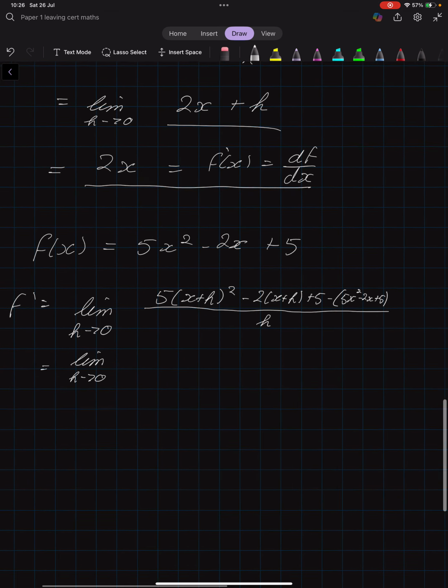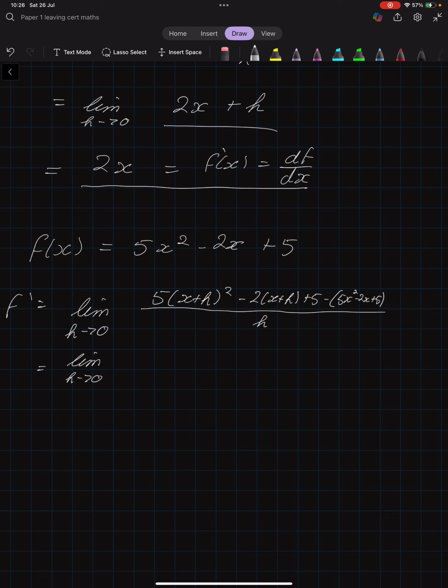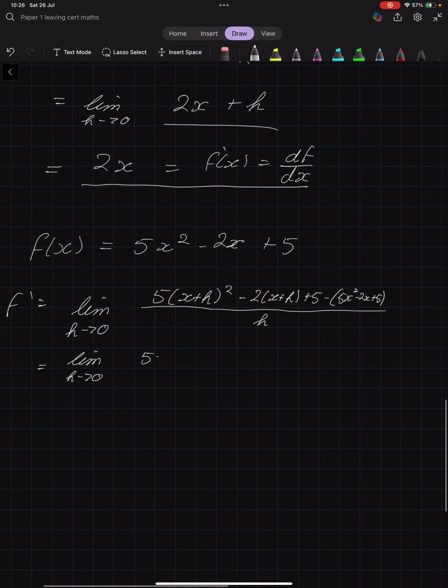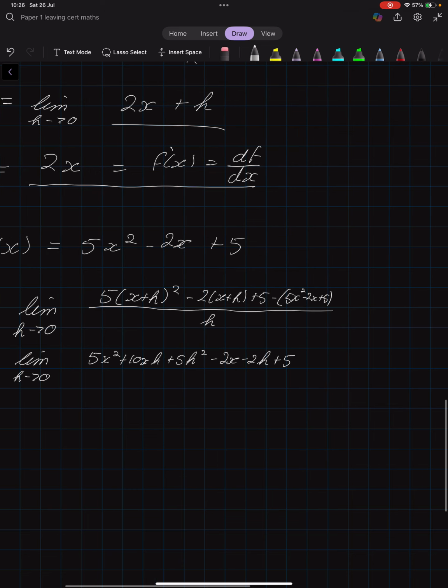Okay, so now if I multiply this out, I'm going to get 5x squared plus 10xh plus 5h squared minus 2x minus 2h plus 5, minus 5x squared plus 2x minus 5, all over h.